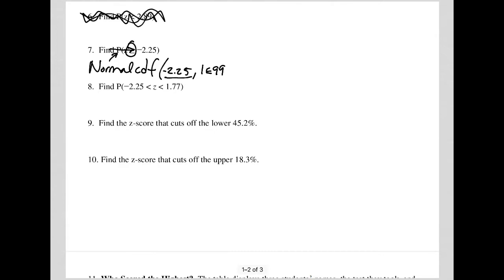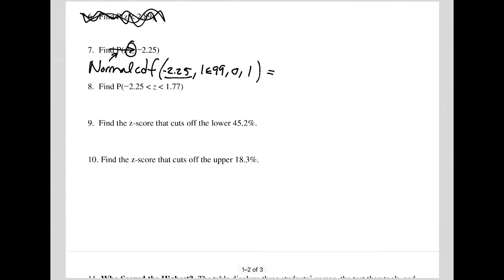All right, moving on. We already did 6 on the other page. So this one, if I set it up, remember we're still looking for a percent, probability, etc. So we're still using normal CDF, but now it's greater than. So if you look at that as an arrow, it's pointing to the right. So we're going to use positive infinity, because positive infinity is to the right, but remember, anytime you use it, it's going to be in your upper bound, and your z-score is going to go in your lower bound, and 0 and 1.